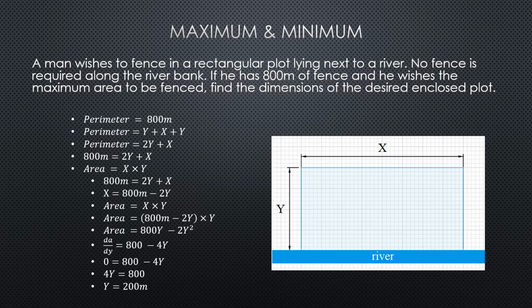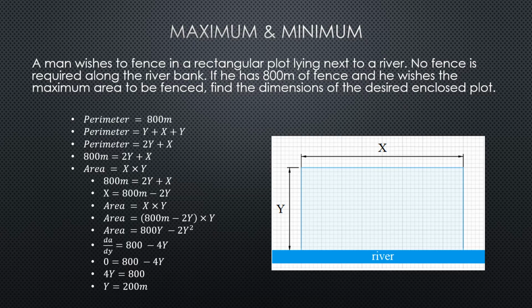So if we take our perimeter formula and solve that in terms of either an x or a y, in this case we're going to solve it in terms of x, we get x equals 800 meters minus 2y. Now we substitute that into our area formula and we end up with an area equal to 800y minus 2y squared.